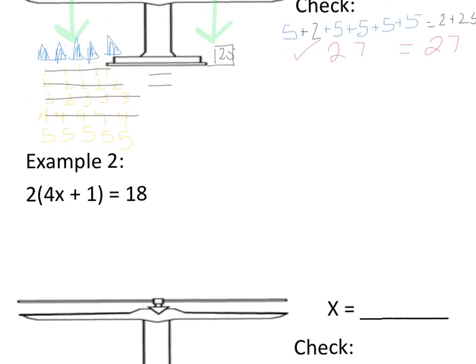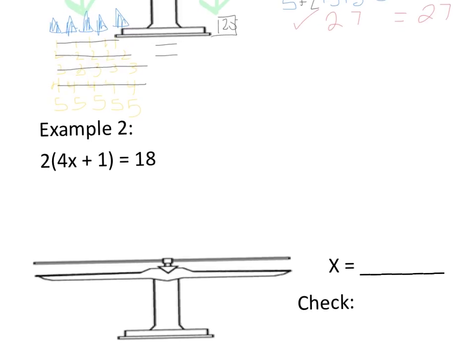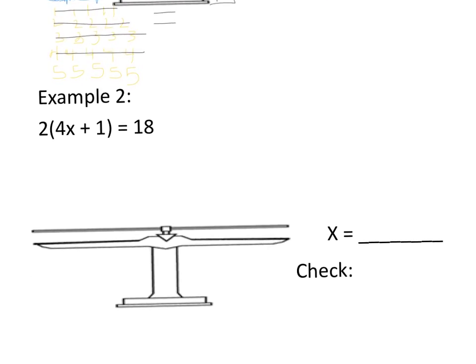Now that you've seen it, hopefully you have a bit of an idea for it. So now let's try a slightly more complex one. Example number 2 says 2 parentheses 4x plus 1. Hopefully at this point you're looking at this going, hey, I know that's the distributive property. But we're not going to distribute in this case. What we're going to do is draw 4x plus 1.